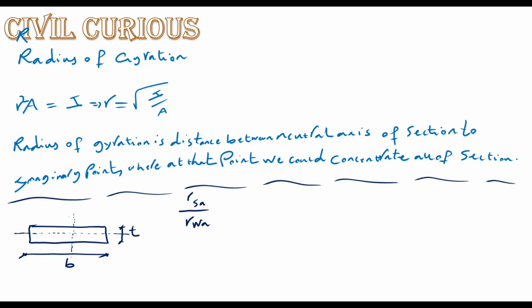So let me solve that. We know the equation of radius of gyration, which is r is equal to radical moment of inertia divided by section. And we have here moment of inertia of strong axis, which is equal to t times b to the power of 3, or cubic b divided by 12.